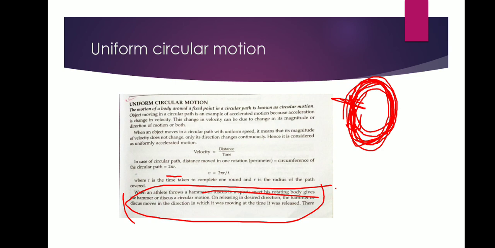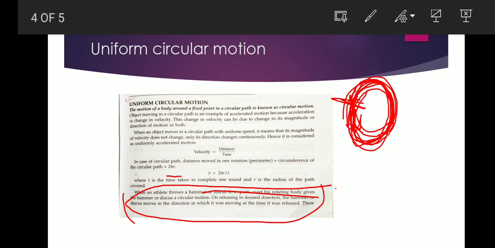Then from here you have to write the uniform circular motion statement, from here to there. Then in this case of circular path, you have to write this also, up to this.